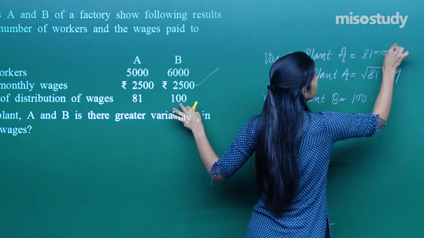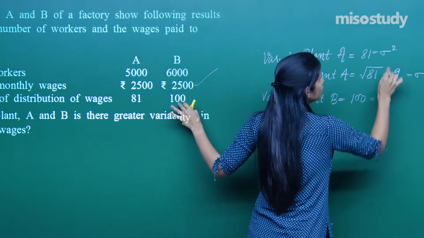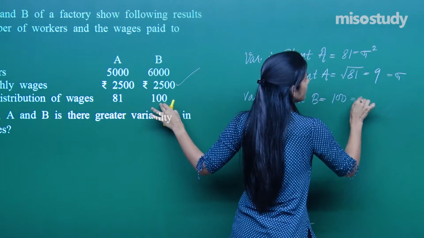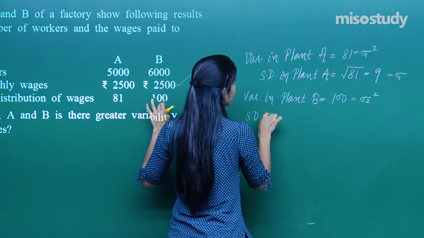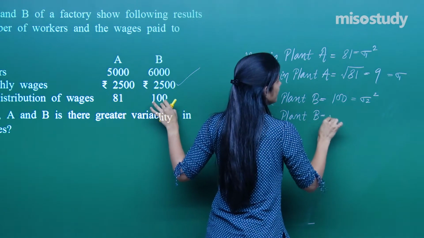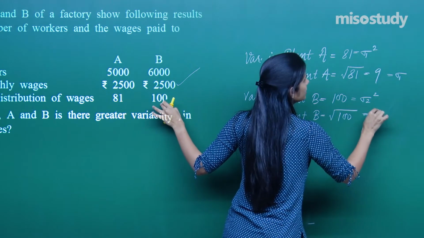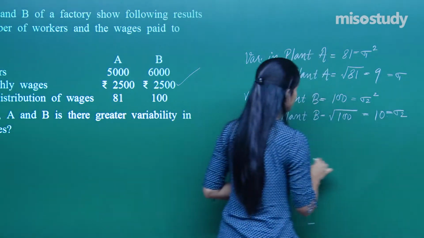This is actually sigma square, and this is what I am calculating as sigma. So let me say sigma 1 square, this is sigma 1, this is sigma 2 square, and therefore standard deviation in plant 2 or in plant B is positive square root of 100, which is 10. This is my sigma 2.